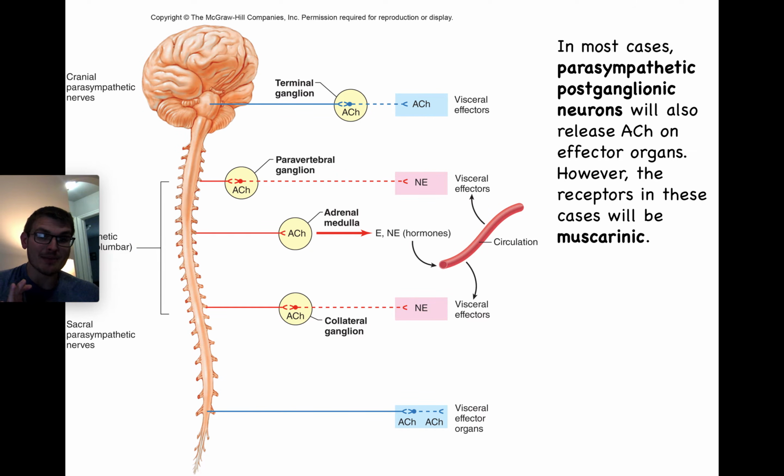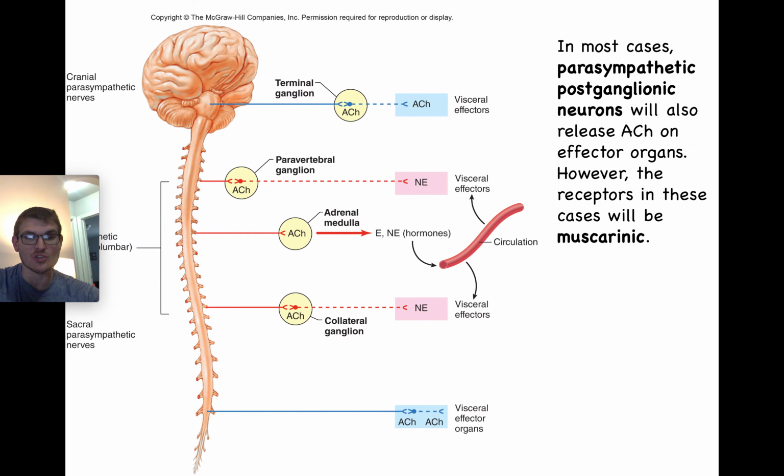On the parasympathetic side, postganglionic neurons are still going to use acetylcholine. So of the 3 different neurons that we've talked about so far, the 2 preganglionic and now the parasympathetic postganglionic, all 3 of them use acetylcholine. So that's really nice. But a parasympathetic postganglionic neuron is not going to activate nicotinic receptors on its target tissue.